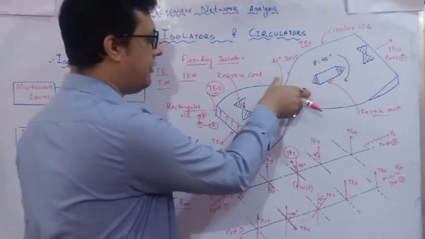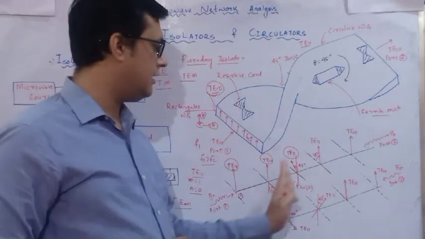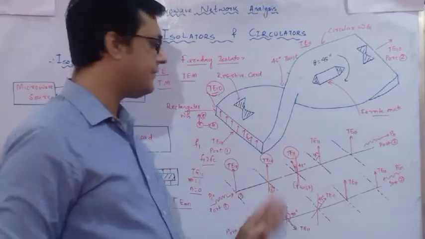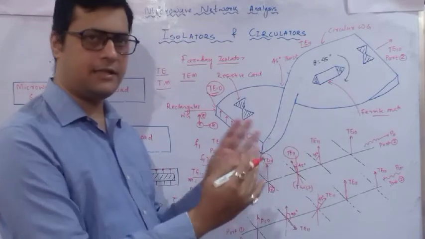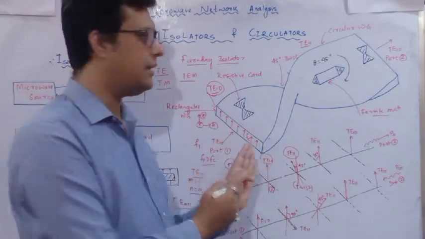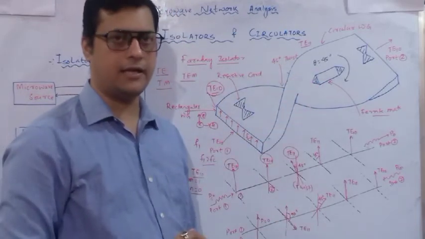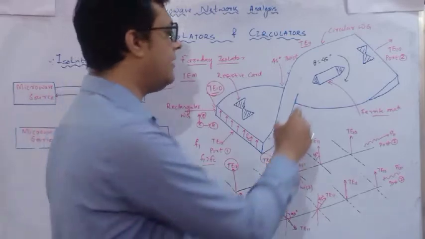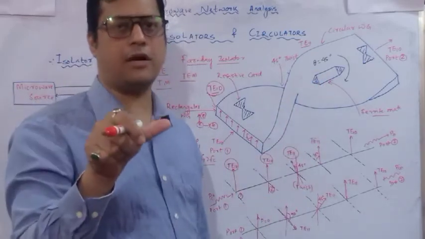Now, after this twist, the electric field is twisted by 45 degrees and will tilt like this. The same information is now propagating in the cylindrical waveguide, and in the cylindrical waveguide we have a ferrite material which will rotate it by 45 degrees.